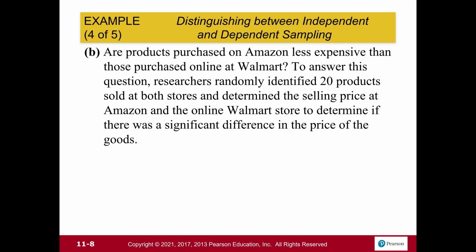Here's another one. Are products purchased on Amazon less expensive than those purchased online at Walmart? What they decided to do was randomly buy 20 products from each different store, and then compare the prices of each.